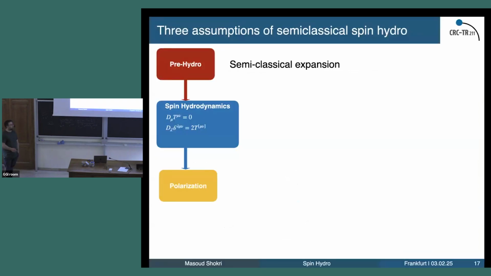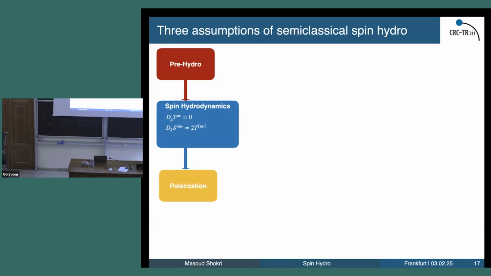Okay, so let's go to the more fun part with semi-classical spin hydrodynamics. What you want to do in principle is to replace the usual standard model of heavy ion collisions, replacing hydrodynamics with spin hydrodynamics.